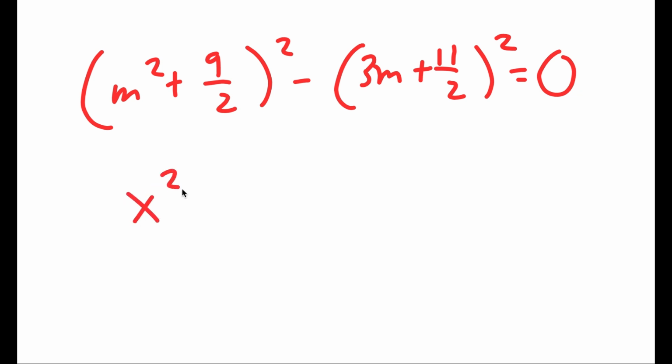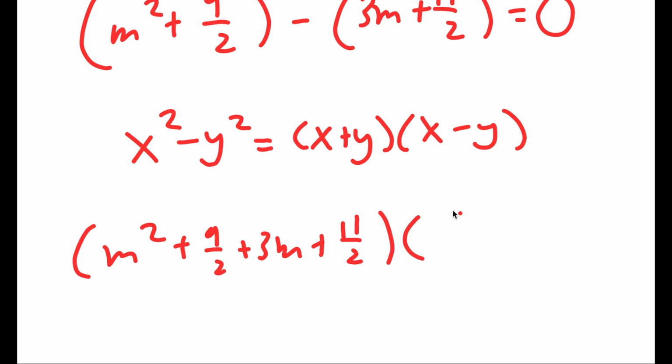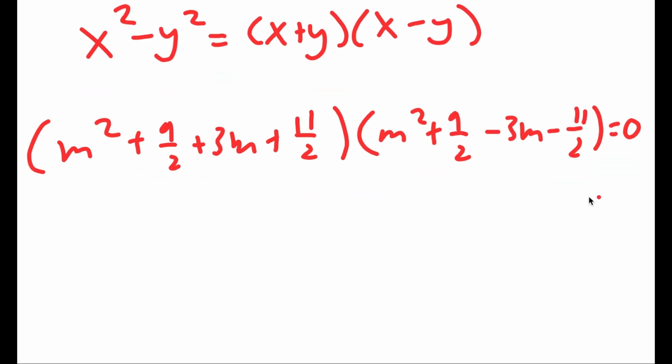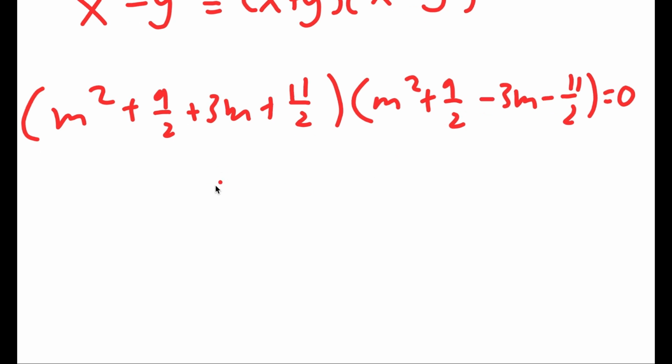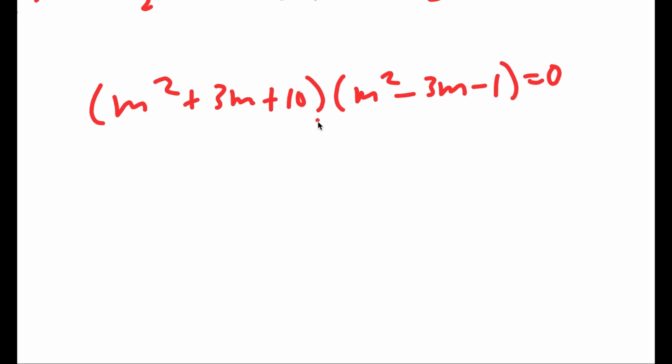Now, if I have something in the form x squared minus y squared, this is equal to x plus y times x minus y. So this turns into x squared plus 9 over 2 plus 3x plus 11 over 2 times x squared plus 9 over 2 minus 3x minus 11 over 2 is equal to 0. Meaning x squared plus 3x plus 10 times x squared minus 3x minus 1 is equal to 0 if we simplify this.